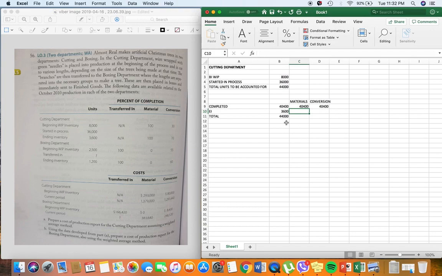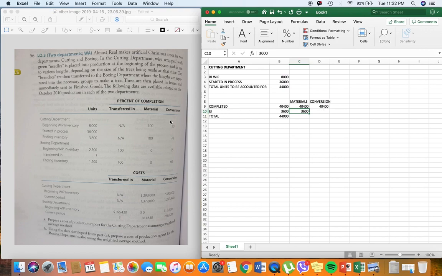Now, let us look at the ending inventory. For our ending inventory, since materials are added at the start of the process, the work done on the ending inventory as far as materials is concerned is equal to 3,600 as well, because 3,600 times 100% is 3,600.